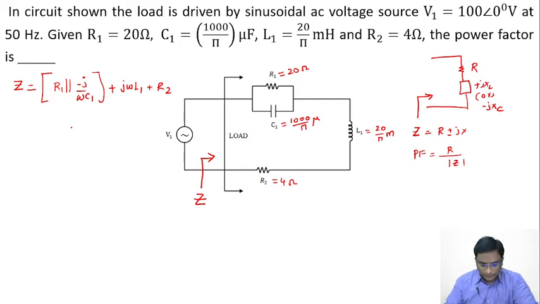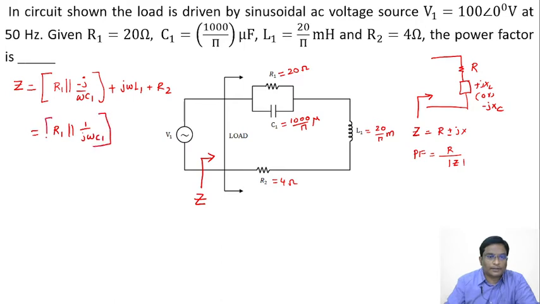Let us substitute those values. First, let me simplify. This is R1 parallel with 1 by j omega C1, plus j omega L1 plus R2. Let us try to simplify this. The first two terms are Z1 and Z2 in parallel, so Z1 Z2 by Z1 plus Z2.